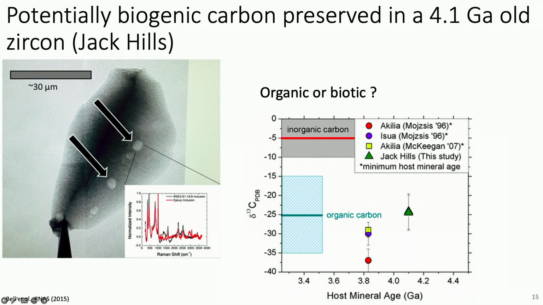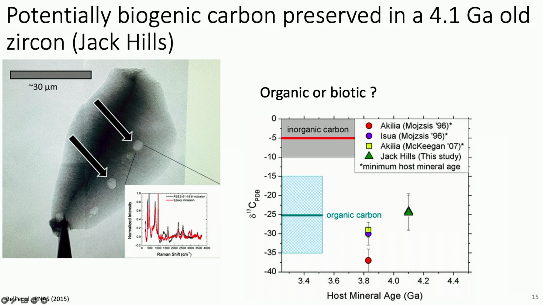And those light little blobs, when measured with Raman spectroscopy, which probes the molecular vibrations, show the signature of some carbonaceous matter. This carbonaceous matter has been measured for its isotopic composition to check whether it could be carbon of biological origin.